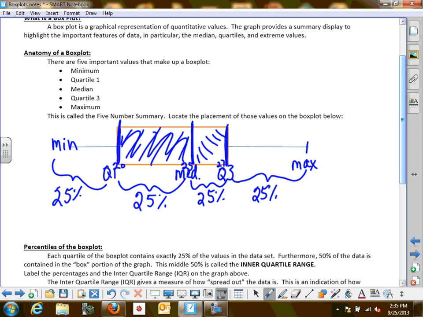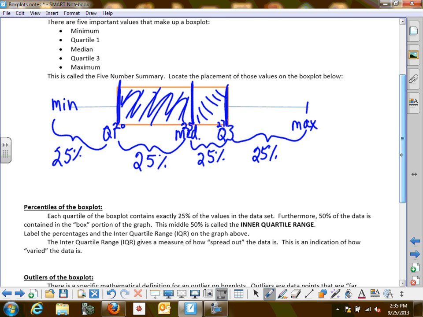And finally, the anatomy of this box plot really focuses on this middle section. This middle 50% tells you a lot about the quality of the data. We're really interested in how varied that is. This middle 50% is called the inner quartile range.